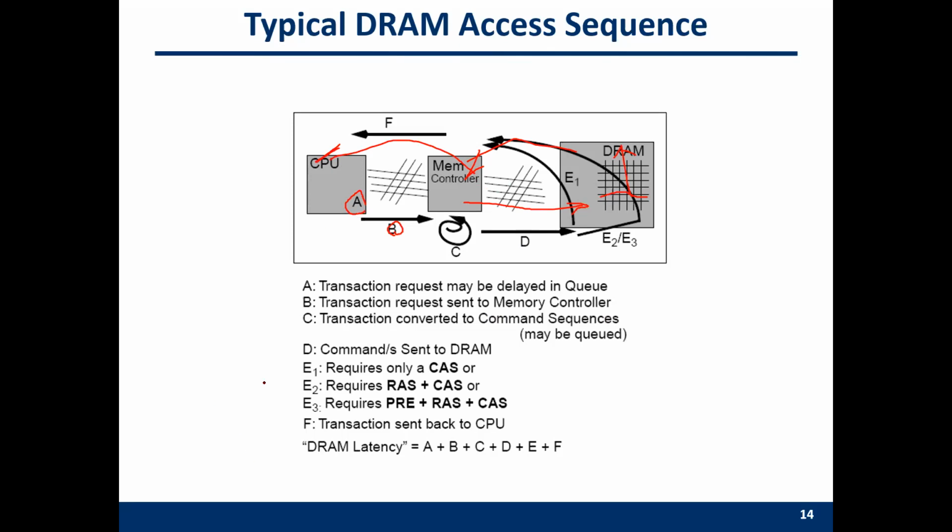This is the general case. So the memory controller needs to first send a row address strobe and then the column address strobe, 2 steps. Assume that no one accessed your DRAM before.